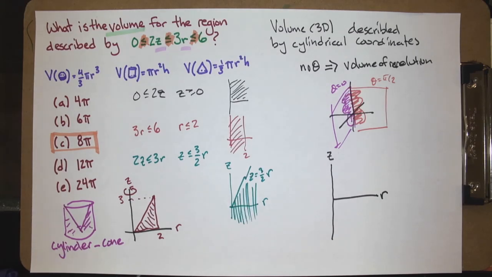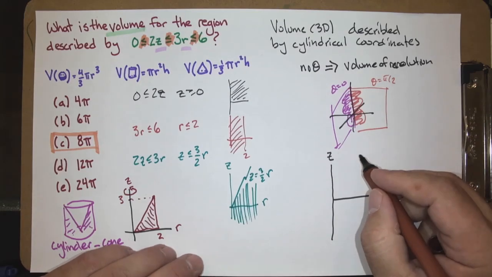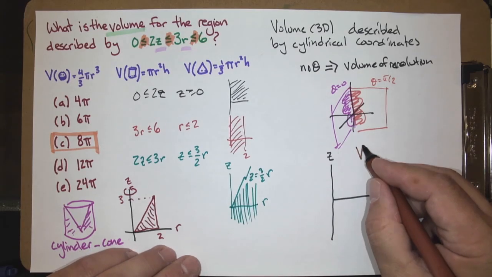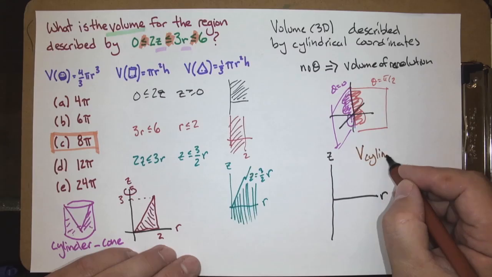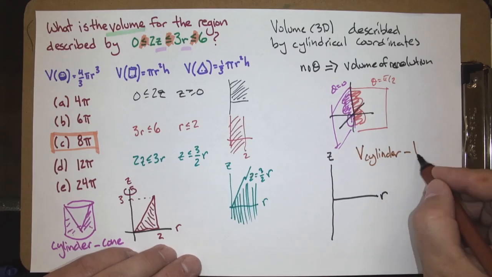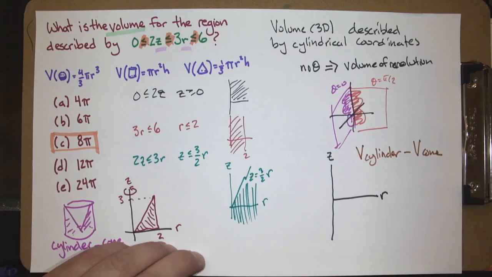Yes? So how do we find the volume of this shape? We describe the shape as a cylinder minus a cone. So what's the volume? We'll take the volume of the cylinder minus the volume of the cone.